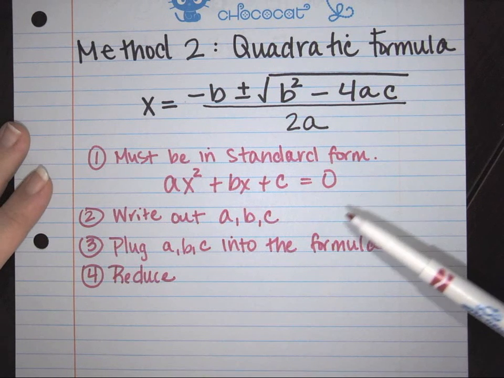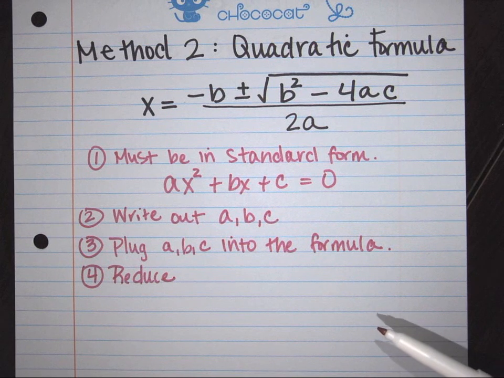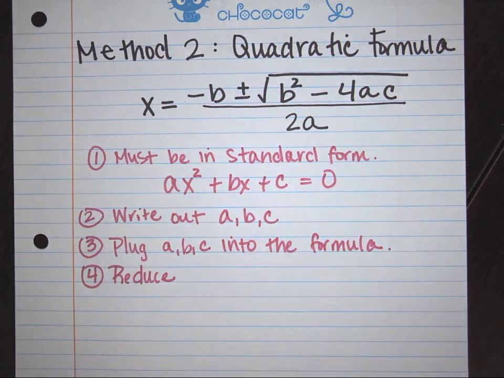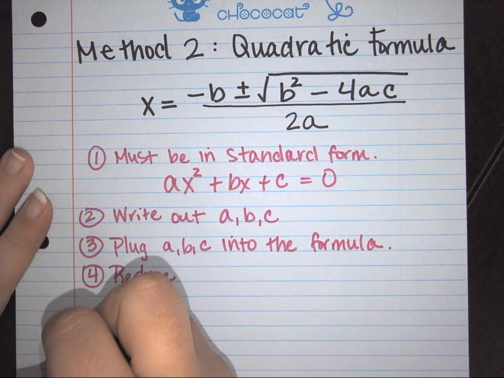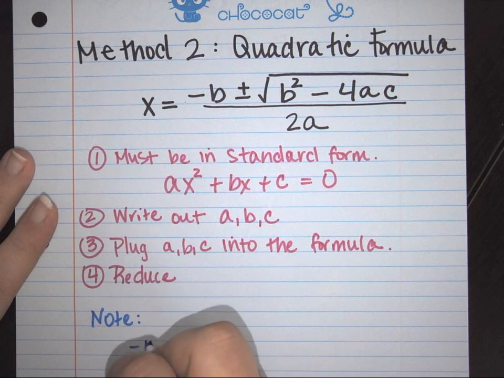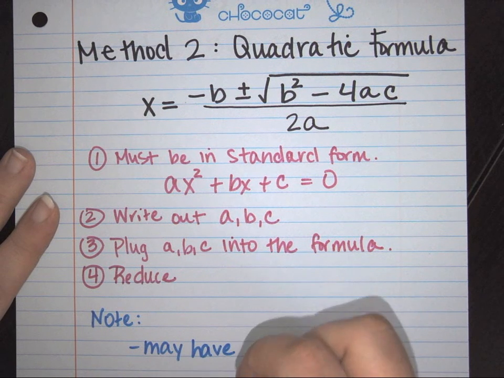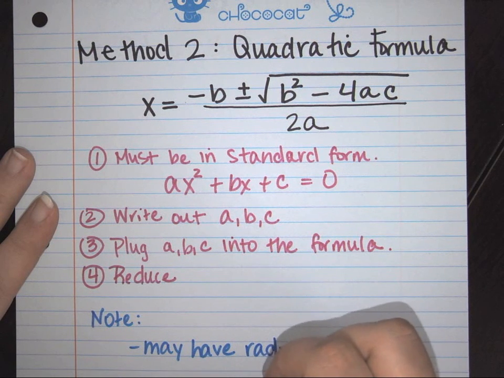Very simply, it's a plug and chug method used to solve it. Now, a couple of notes about this method. A couple things to keep in mind: you may have radical answers.